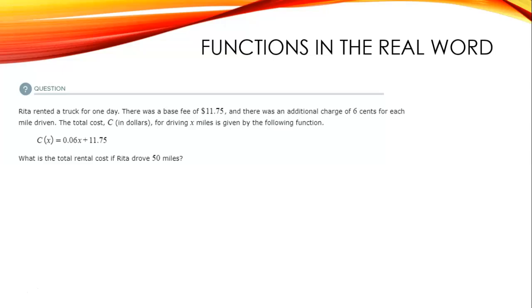You pause the video and try this one on your own. So same type of equation, two-step equation. The cost based on the number of miles was 6 cents for each. That's telling you that's your slope, so that's times the x, plus a y-intercept, a base fee of $11.75. It asks what's the cost, so we're finding the cost based on 50 miles.